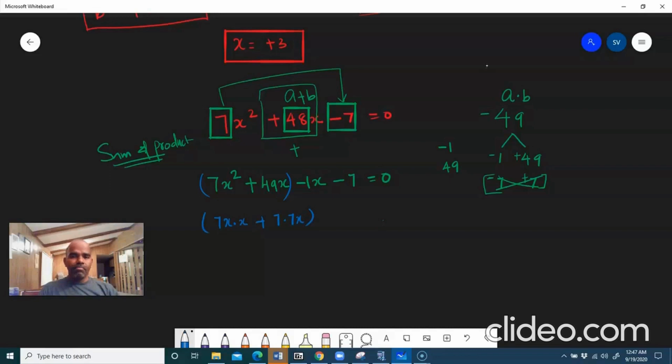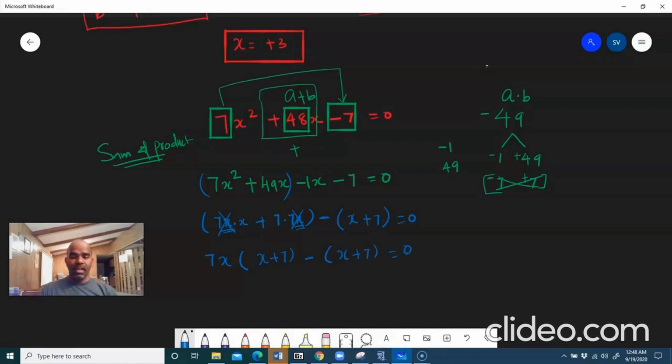Okay, and from both of these two terms you can take the negative sign out, negative of, remaining is x, and here it is plus 7 equal to 0. Okay, so in this parenthesis, what is common? Here you have a 7x, here also you have a 7x. Take that as common outside, so this will be 7x times x plus 7, minus of x plus 7 equal to 0.